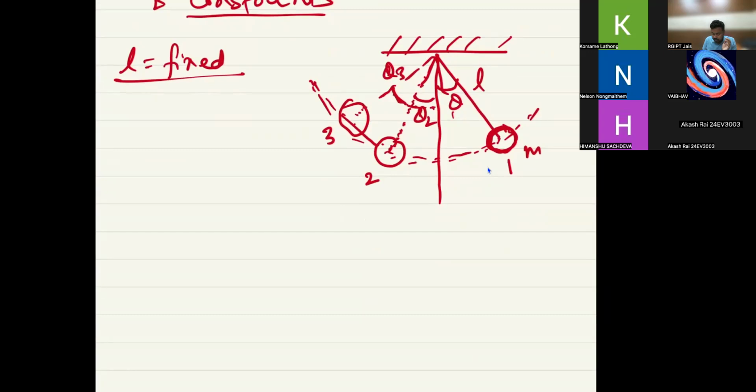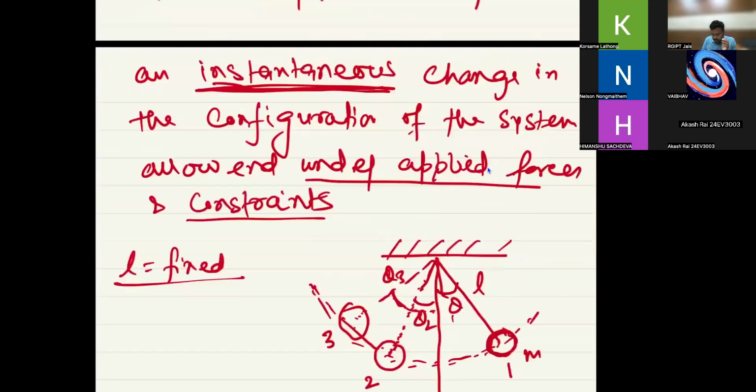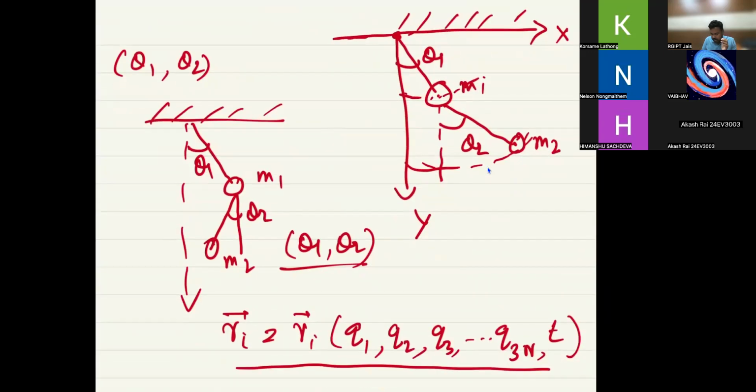Or you can also imagine a similar situation in this example of the double pendulum. This is one allowed configuration. Let's say this is configuration 1, this is configuration 2. In reality, if you want to go from configuration 1 to configuration 2, you have to spend some finite amount of time.